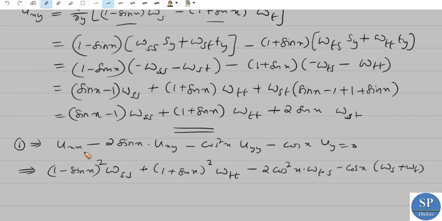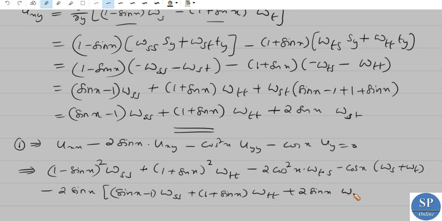This was our uxx. Minus 2 sin x into uxy, which is sin x minus 1 into wss plus 1 minus sin x into wtt plus 2 sin x into wst.